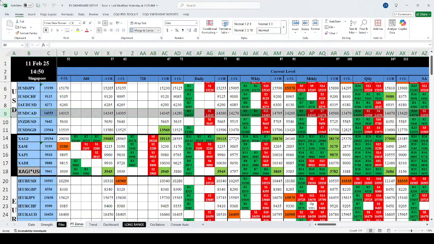So if we look into the PT zones, we are seeing a mixed signal on the daily. There is no strength on the hourly. So weekly we are seeing two buying forces with one strong selling force.